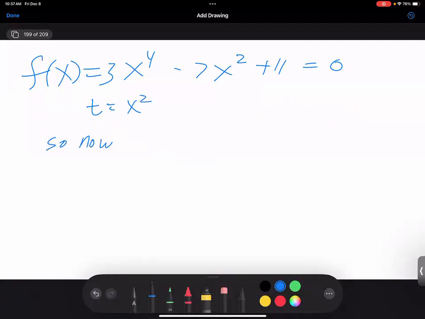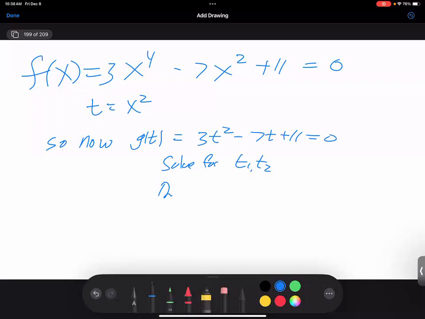So now we get say g of t is 3t squared minus 7t plus 11 equals 0. Solve for t1, t2. And x is equal to plus or minus the square root of t1, plus or minus the square root of t2. So sometimes, while we can't do a general quartic, we might be able to do a very specific special quartic.